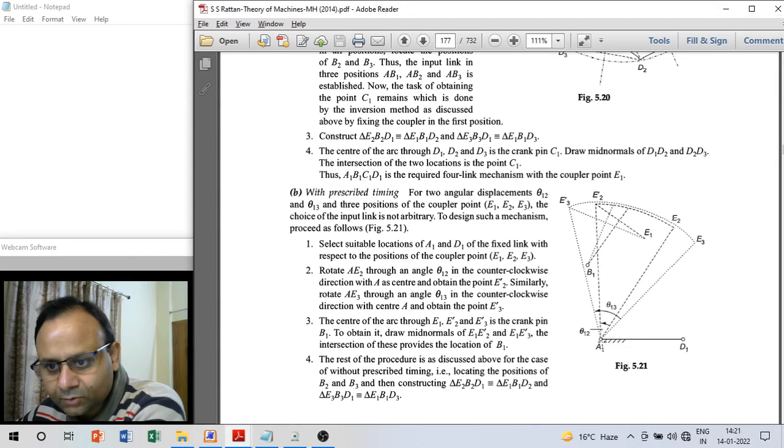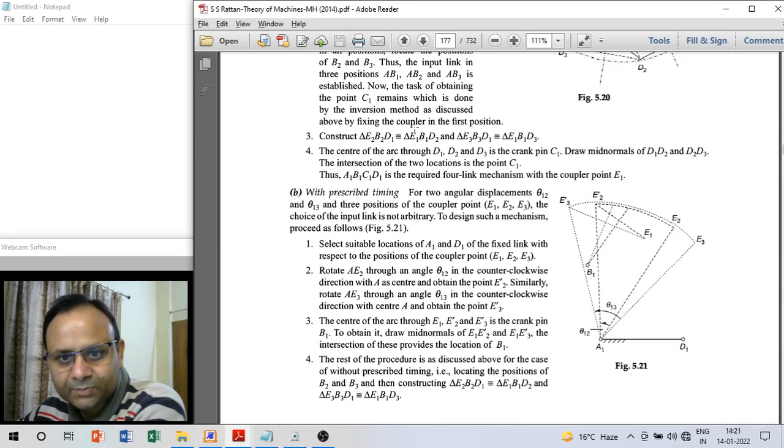Similarly you rotate AE3 by theta 1 3 in the opposite direction, you get E3 dash. Now you have 3 points, E1, E2 dash and E3 dash, and take their perpendicular bisector, and B1 will lie on their intersection.